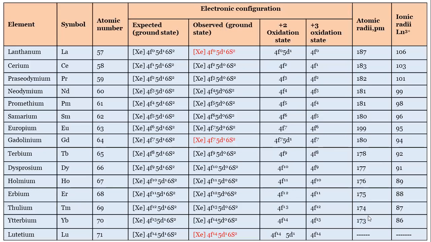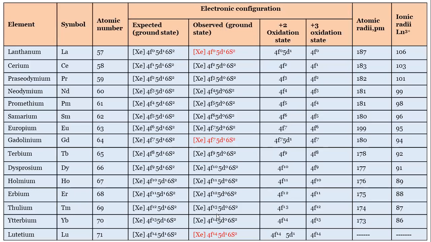Remember, this is due to the nuclear charge effect, because the electron is added in the same shell. Here we can see the expected electronic configuration and the observed electronic configuration as the electron is added in the f orbital. The f orbitals are very poorly shielded.